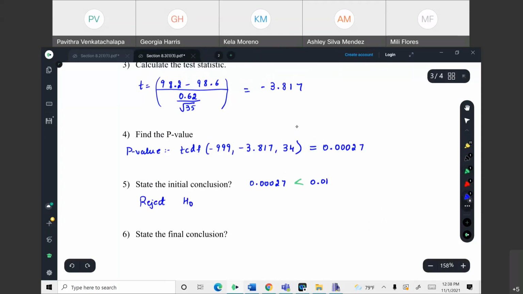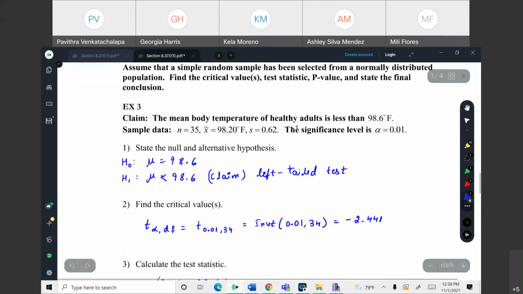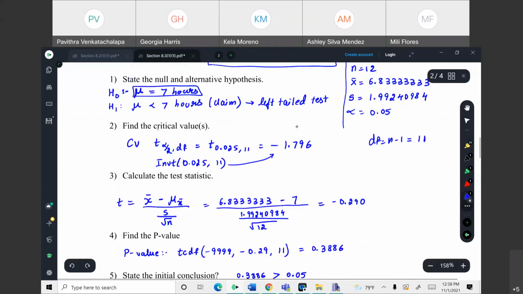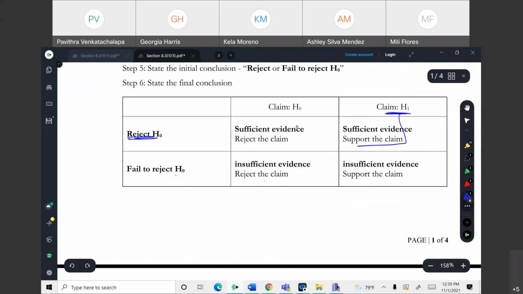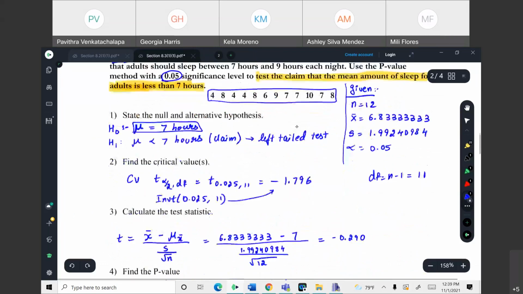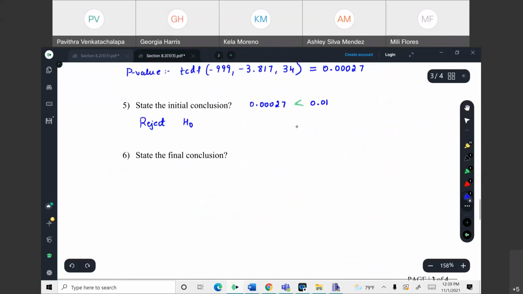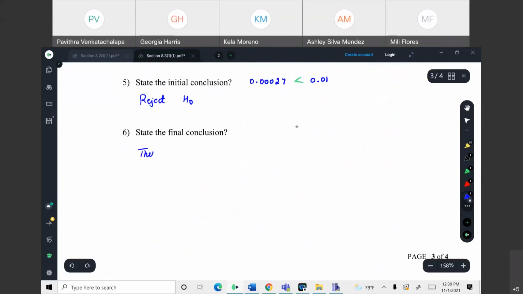Now go back to the final conclusion: reject H naught, claim H1. Sufficient evidence supporting the claim. So that's your final conclusion. There is enough evidence to support the claim.